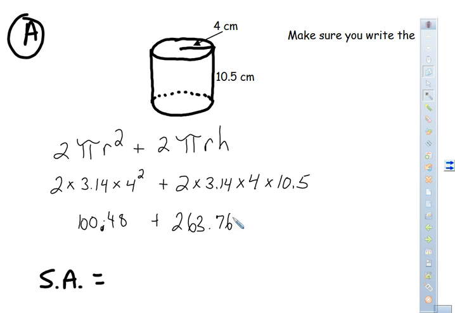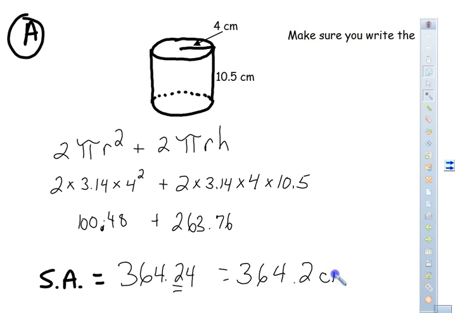You're going to take that answer and add it to 100.48. Sorry for my delay, I'm putting it into the calculator, which gives me 364 and 24 hundredths. And again, round to the nearest tenths, so that's going to equal 364 and 2/10, and it is centimeters.